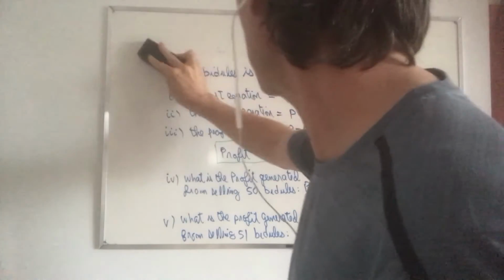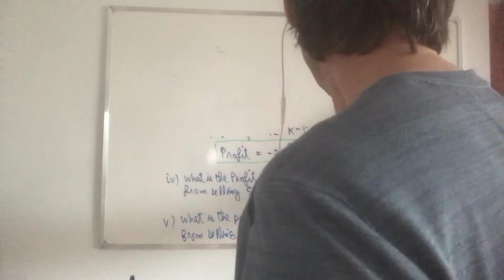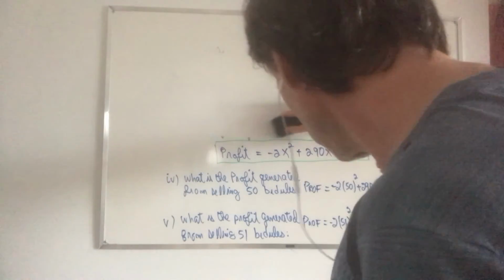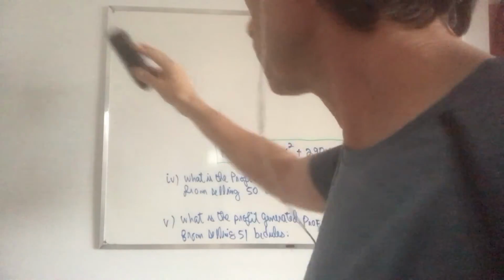So I'm going to be asking 2 more questions out of this, which I will put on the same whiteboard. I don't like to do that, but I need the information that is still here for question 6 of this one.